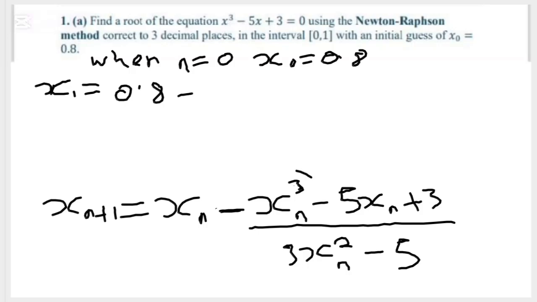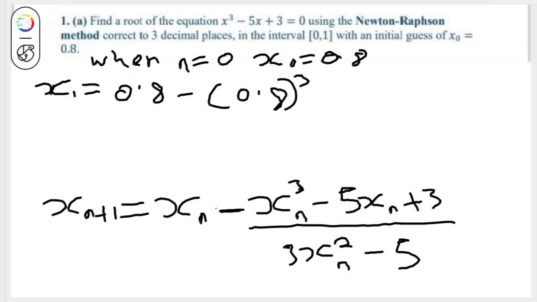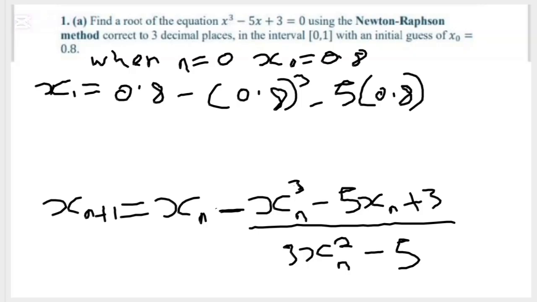So I have to say minus, also this is x of n, so I put it in brackets, 0.8 cubed minus 5 multiplied by xn, which is 0.8, and xn is the same thing as x naught, and x naught is 0.8, guys.